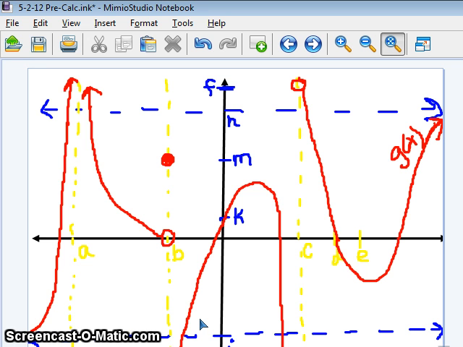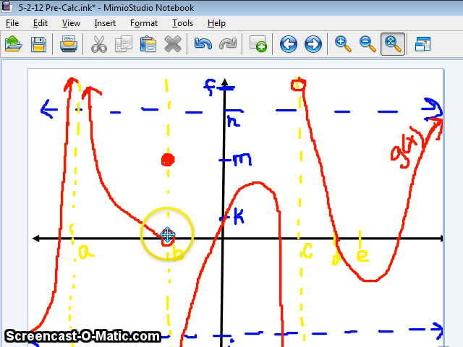Number 7 asks me to find the limit as x approaches b from the negative side. Well, it's not b. B is our x-coordinate. What is my y-coordinate? What are we getting close to?